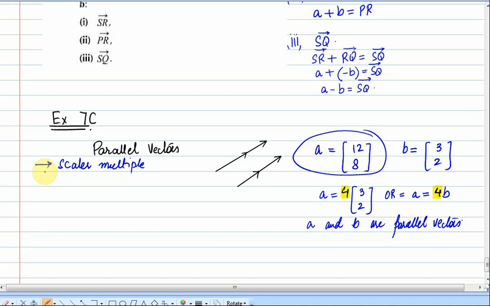Alright. So it's exercise 7C and question number 1.